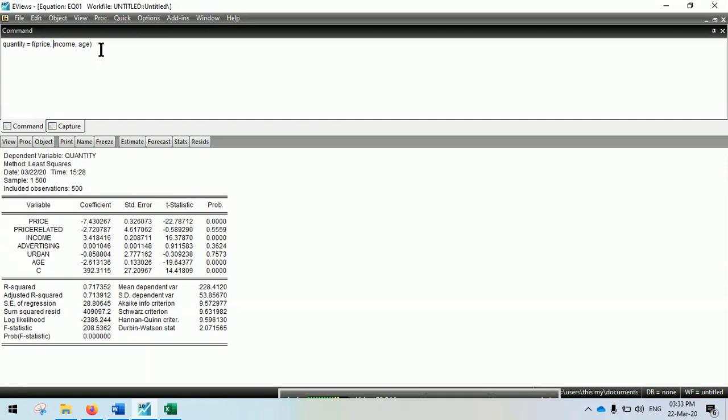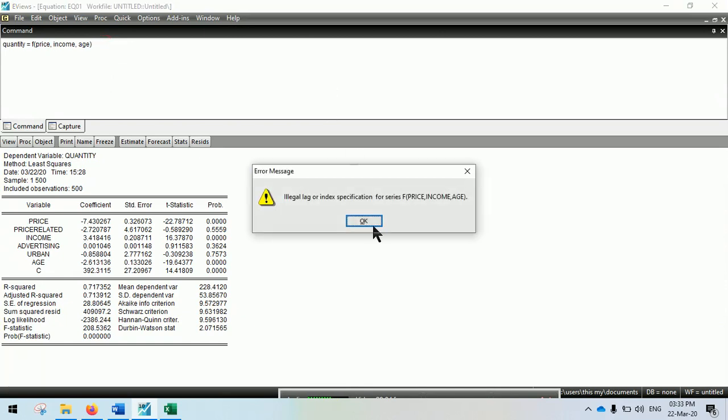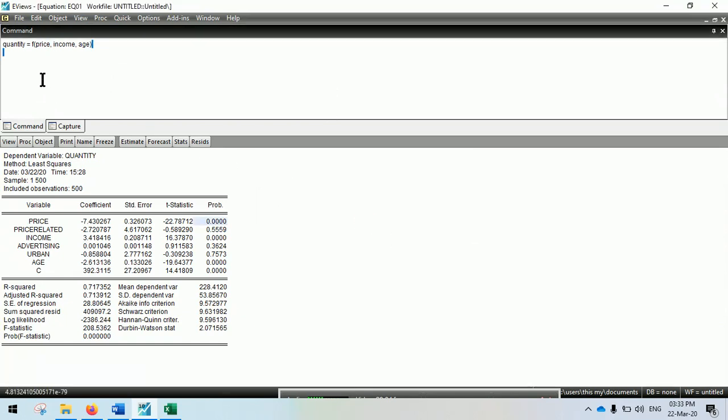So what I will do now is transform each one of them to a log. So I will write this function here, ln, that means log. ln quantity equal to log quantity, between brackets.